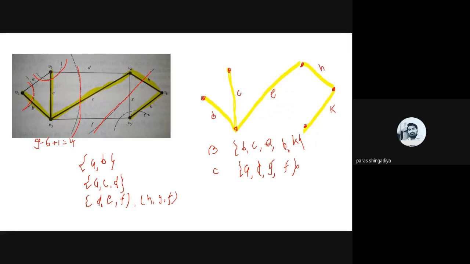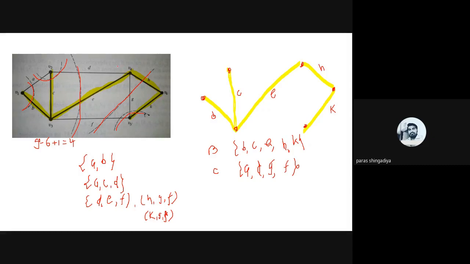And then after that you can consider KGF. Okay, KGF you can consider here. And why is it a fundamental cut set? Because K is a branch and G and F are chords.